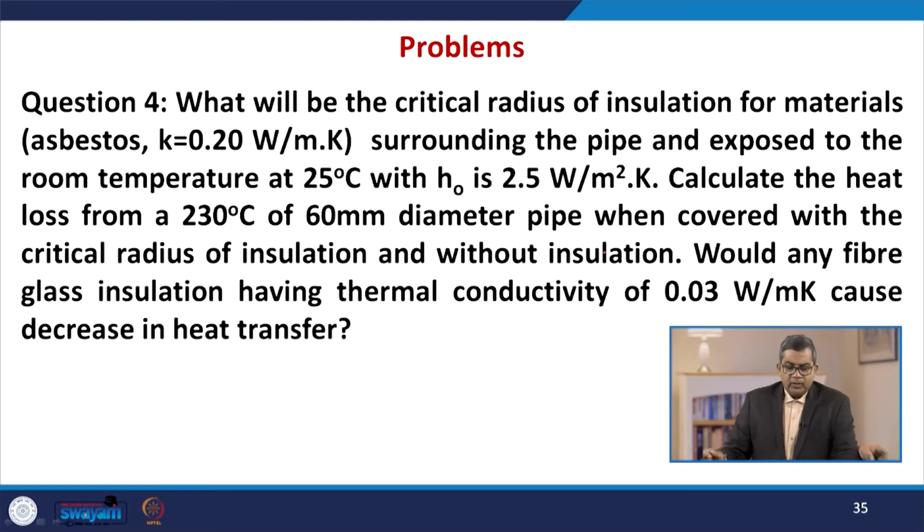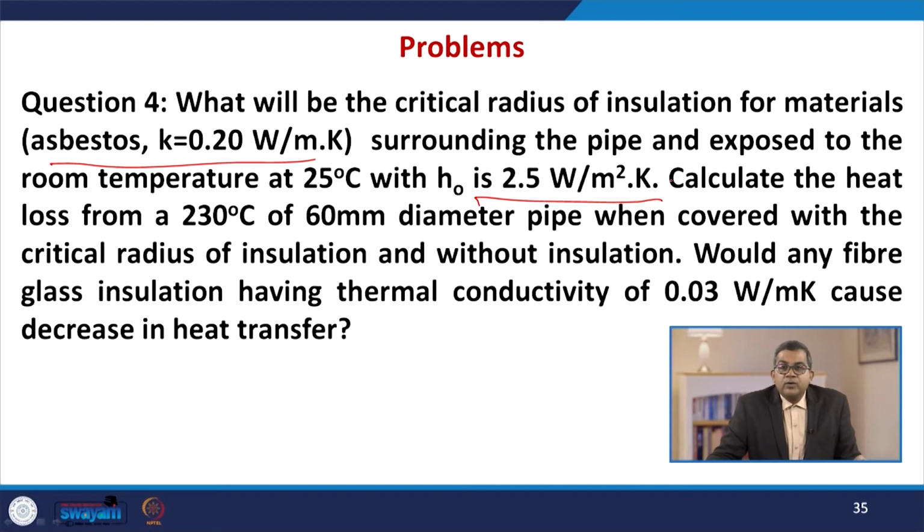Now let us talk about a problem. The problem statement asks: what will be the critical radius of insulation for asbestos, where K is equal to 0.20 watt per meter Kelvin, surrounding the pipe and exposed to room temperature at 25 degrees Celsius with H naught 2.5 watt per meter square Kelvin?